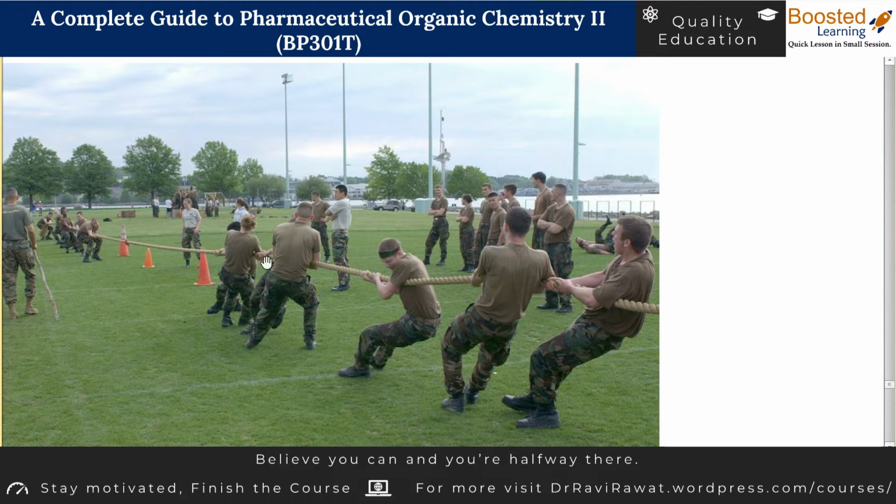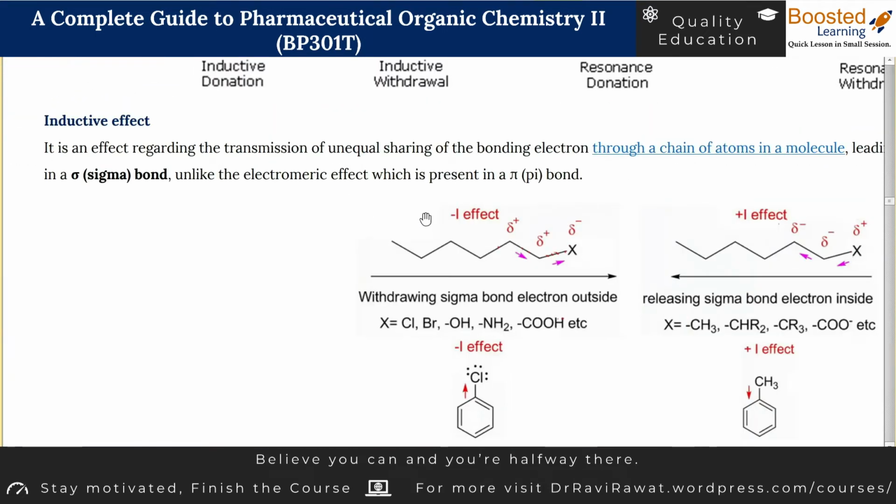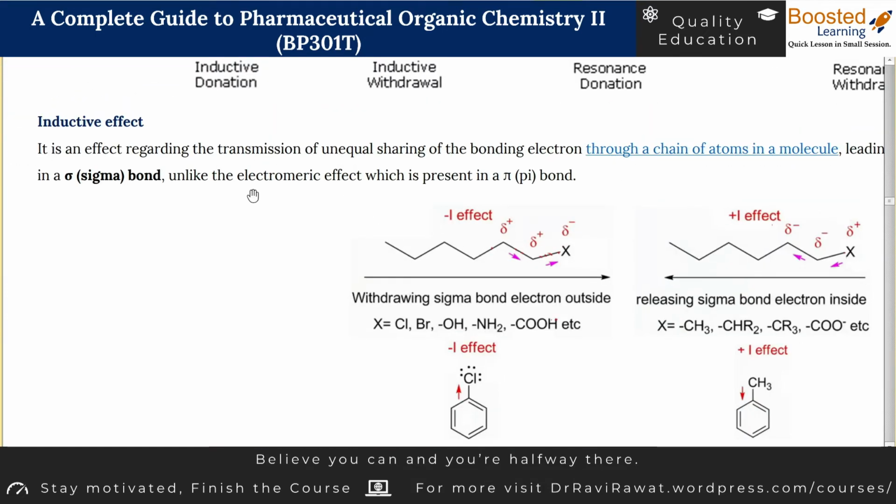The pull of this team is going to cross the line, and how the effect of this team is transferred over its opponent is through the rope, because they are pulling the rope and the rope is connected to this particular team, and they are going to get pulled towards the center point. So pay attention to this thing, that the pull is happening through the rope. Similarly, in the inductive effect, the push and the pull happens through sigma bond electrons.